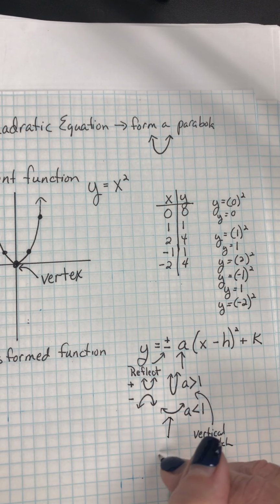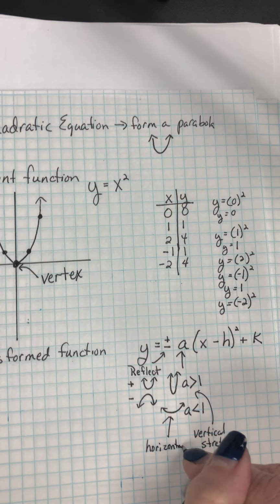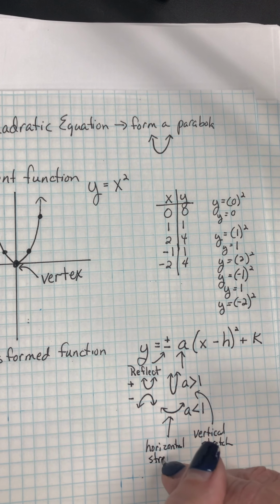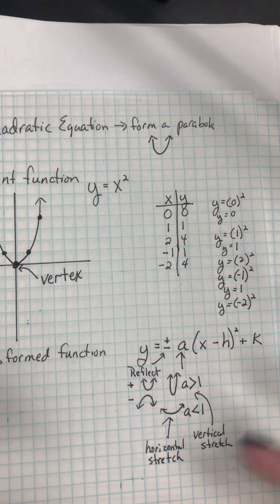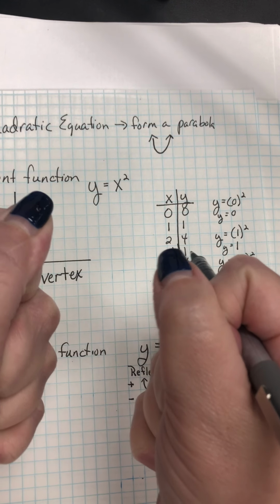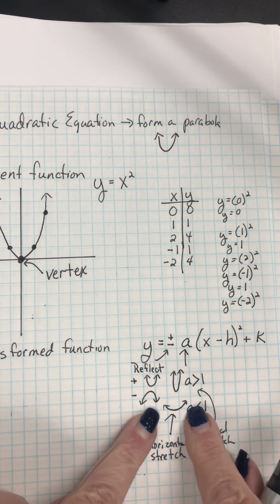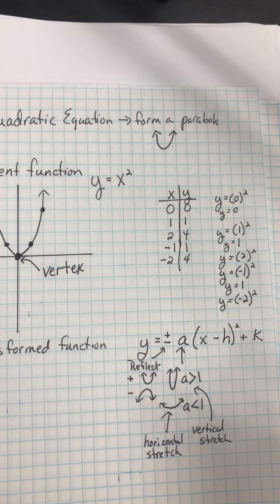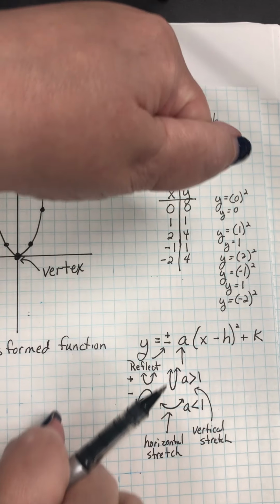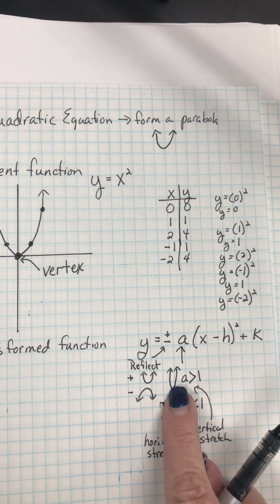And this is referred to as a horizontal stretch. Think of it like you have silly putty. If I am taking a picture between my hands and pulling it apart horizontally, it's going to stretch it to where it's fatter. If I stretch it up and down, it's going to make it narrow and skinnier.